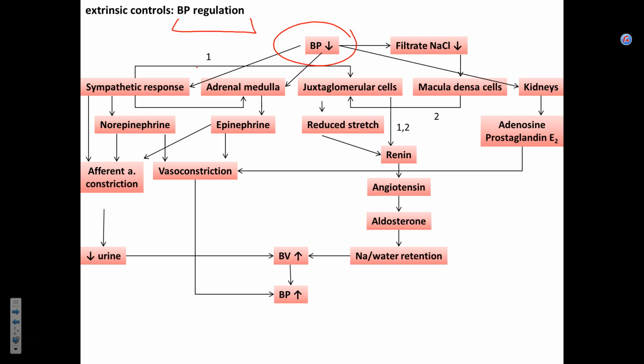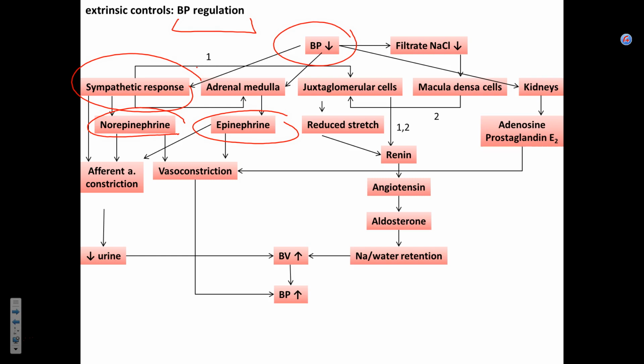So say blood pressure decreases due to the blood loss. There are several ways. Systemically, it will lead to the activation of the sympathetic nervous system. Sympathetic response will lead to the release of norepinephrine and epinephrine. We're clear?